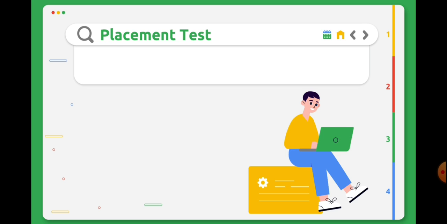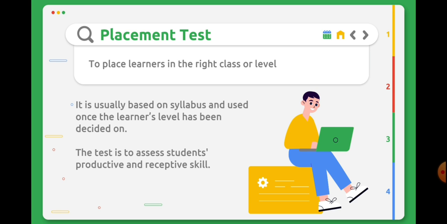Let's discuss further on each type. The first one is the placement test. The placement test is to place learners in the right class or levels. It is usually based on the syllabus and used once the learner's level has been decided on. And the test is to assess students' productive and receptive skills.